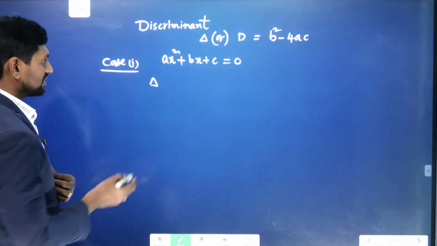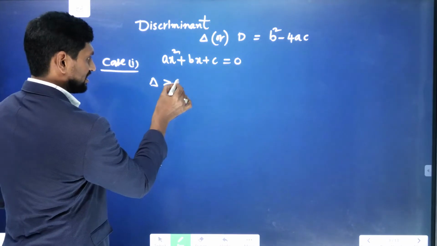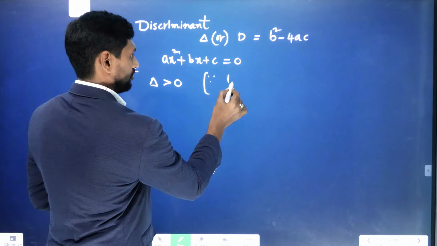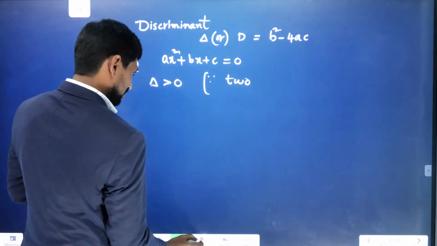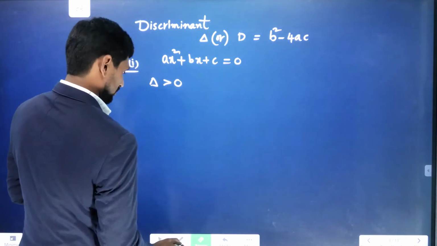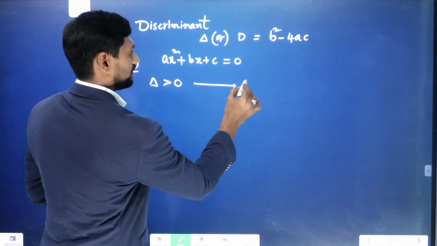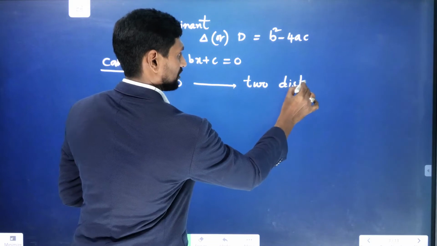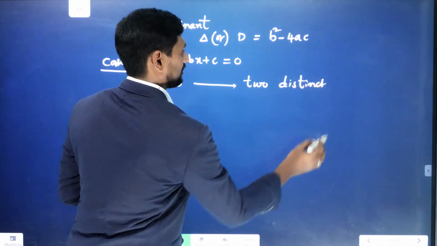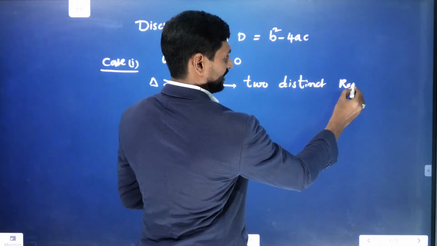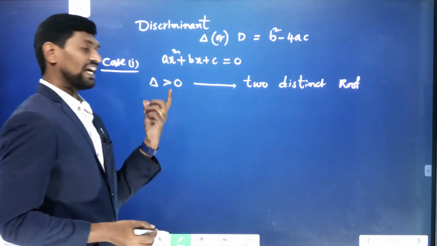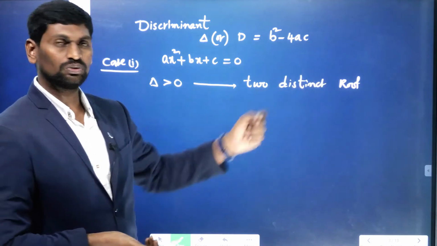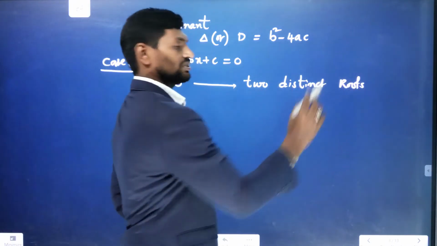Case 1: if the discriminant is greater than 0, we get two distinct roots.